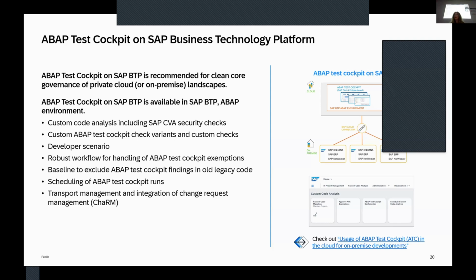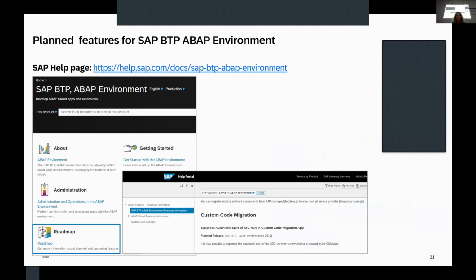You can create your own check variants, your own checks. You have a robust workflow for handling exemptions. You have a developer scenario where you can use ATC on BTP as a developer. You have a baseline to exclude legacy findings. You have a scheduler to schedule ATC runs, and you can still use ChaRM for transport management and integration of change requests in your on-premise or private cloud systems.